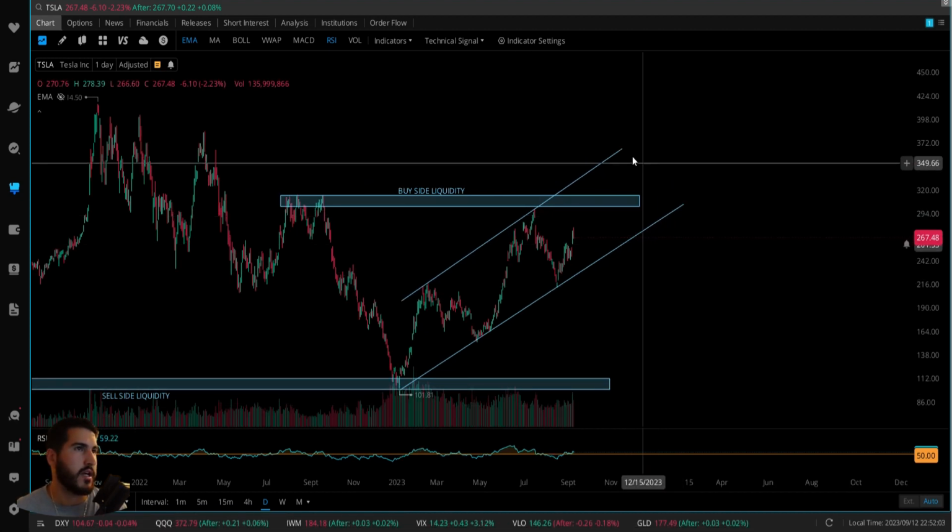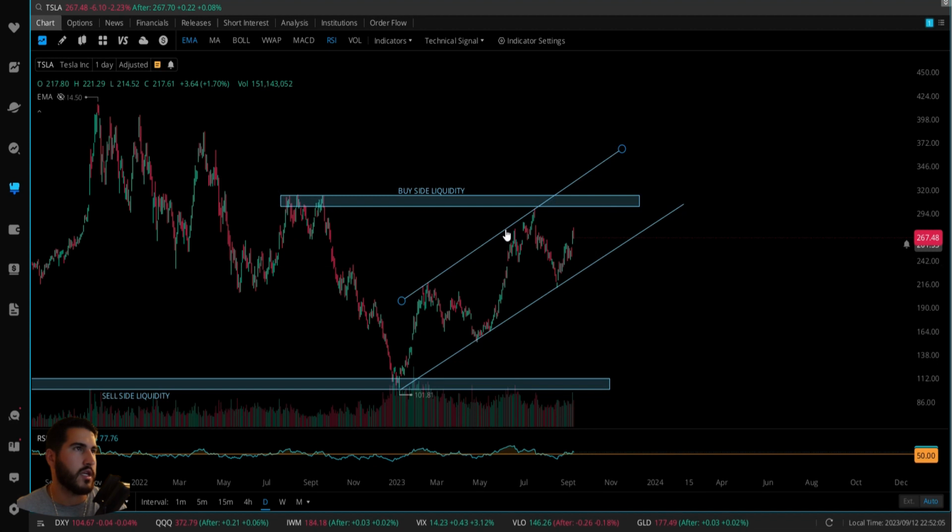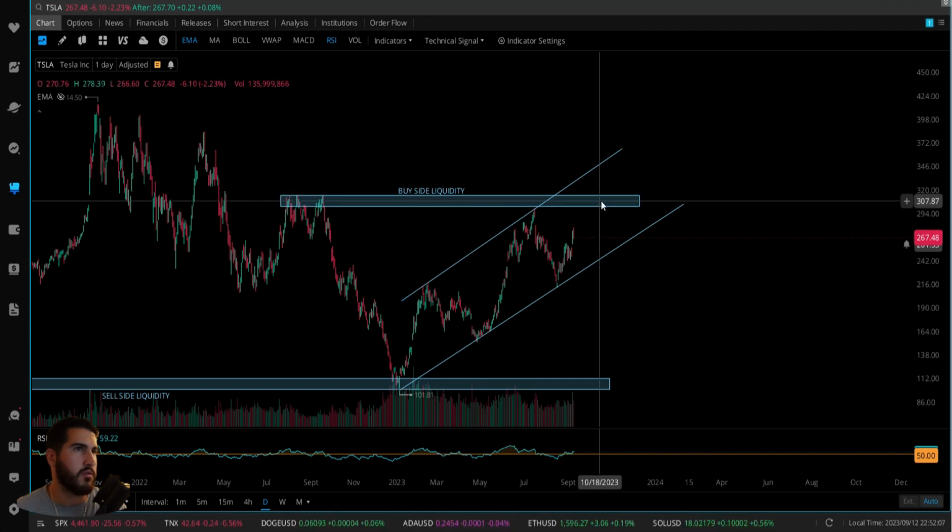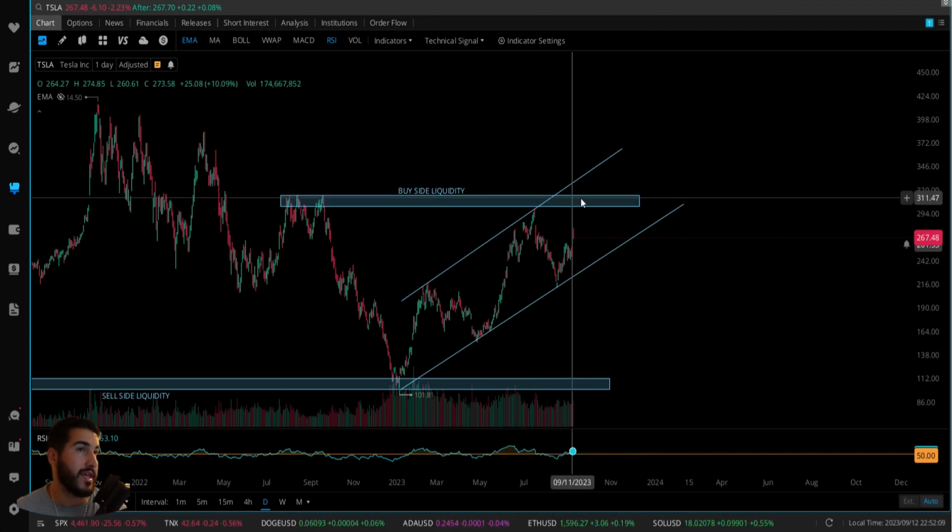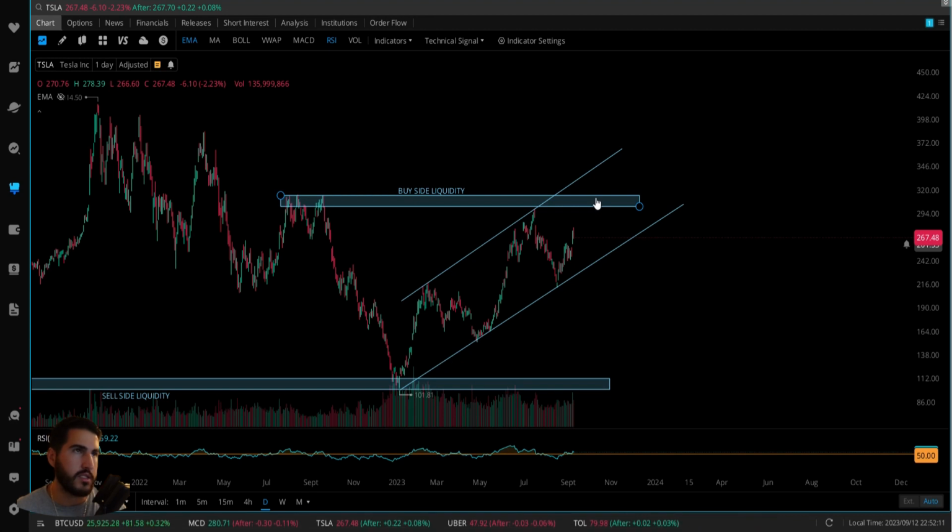This is our upward channel on the daily candles, and as you can see, our buy side liquidity, which is our price target, is within this upward channel, making it realistic and a nice trade in my personal opinion.